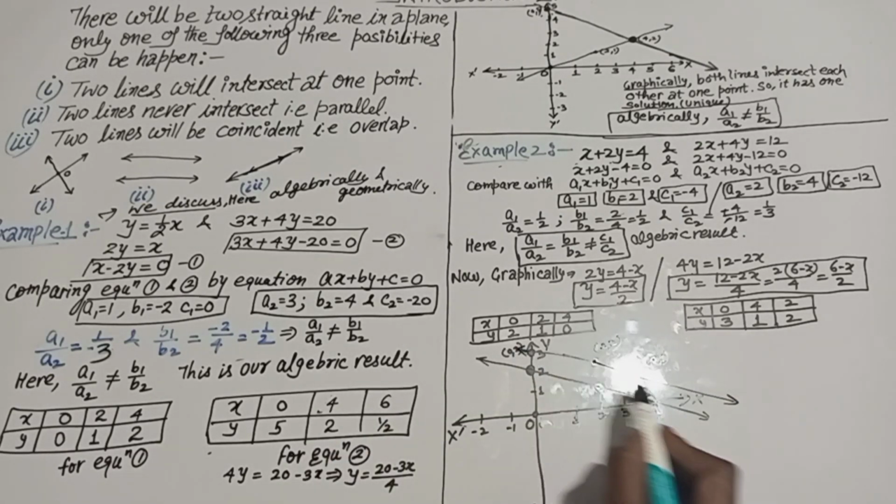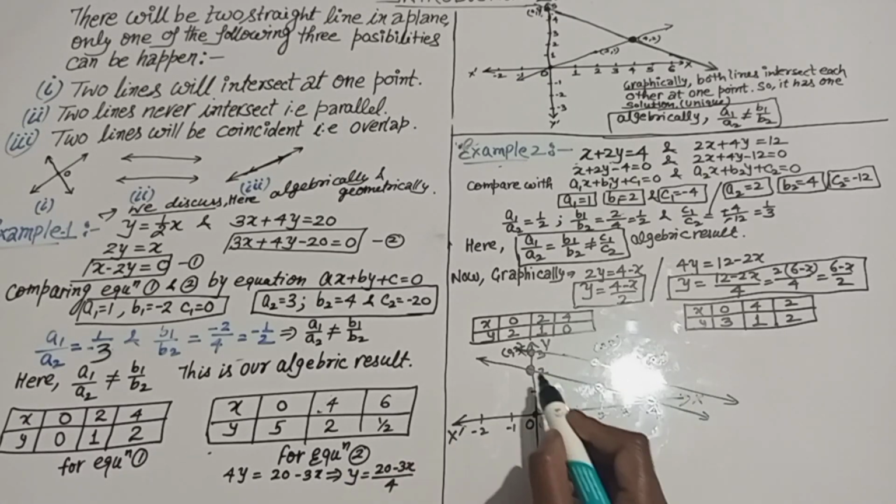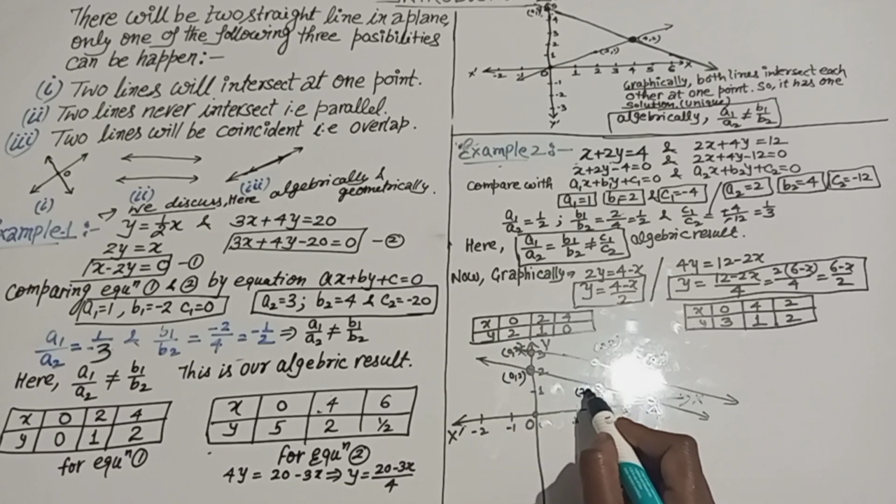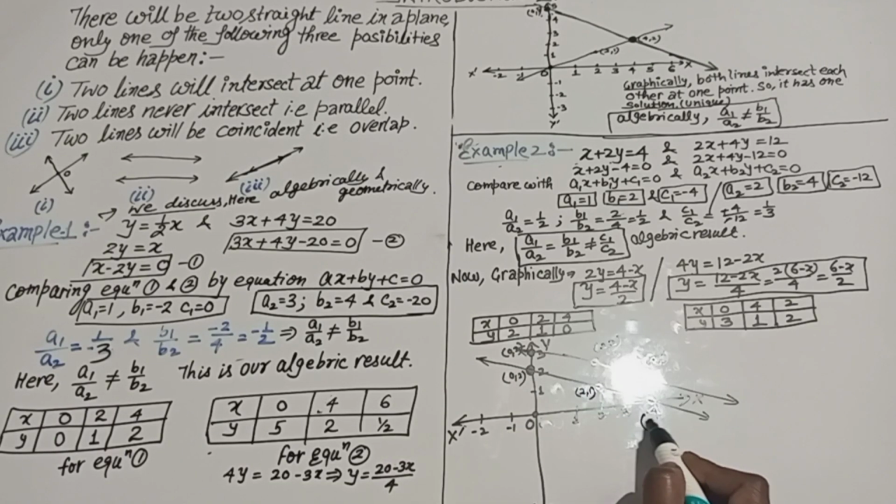Okay. So now what we have observed here, they are parallel. Okay. So this is our 0 2, this is our 2 1, and this is our 4 0.